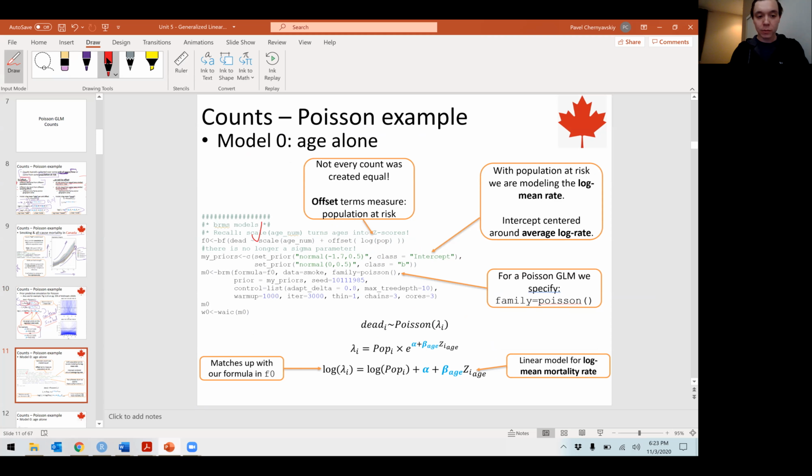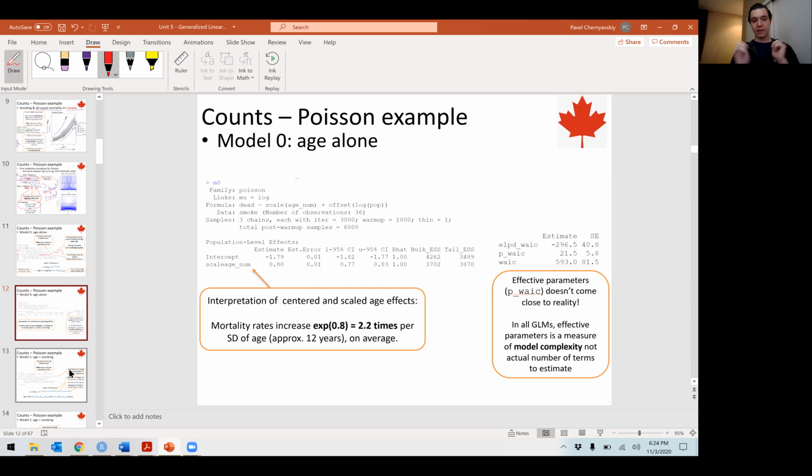Here are our priors. We just discussed those. Notice that we don't have a sigma prior anymore because the Poisson distribution doesn't have a sigma, right? We just have the prior distribution for the intercept and a prior distribution for my one beta coefficient. The rest of this looks very similar to what we're used to, except now my family is Poisson. So I'm going to run this model, and what I get is this.